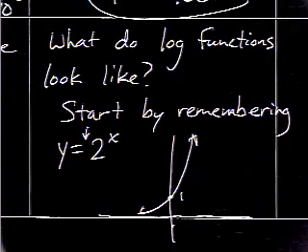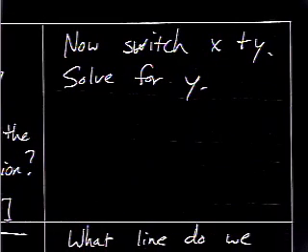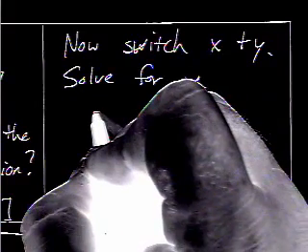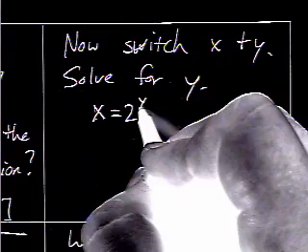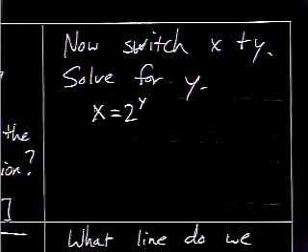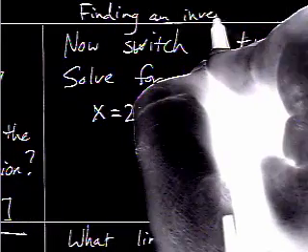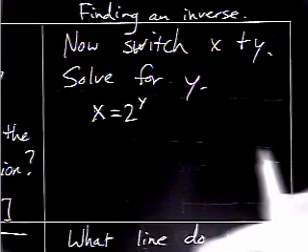Now, what happens when we switch x and y? Well, let's see here. Y equals 2 to the x becomes x equals 2 to the y. And then solve for y. Right? This sounds like the process of finding an inverse. Well, in order to solve that for y, I need to change it to its log form.